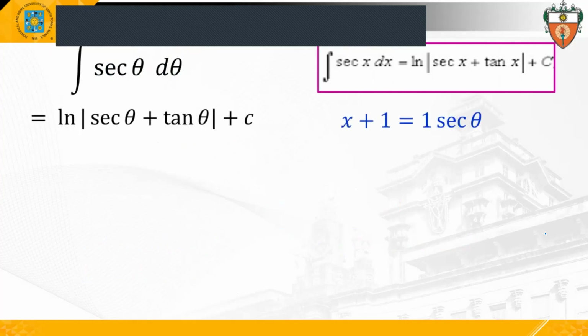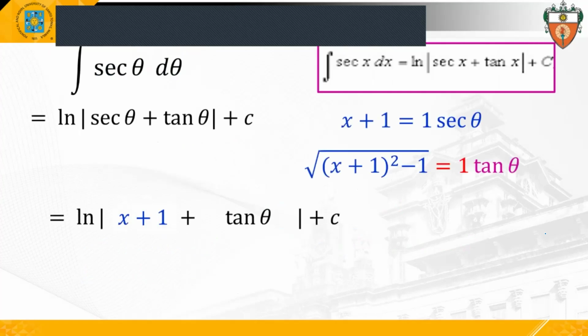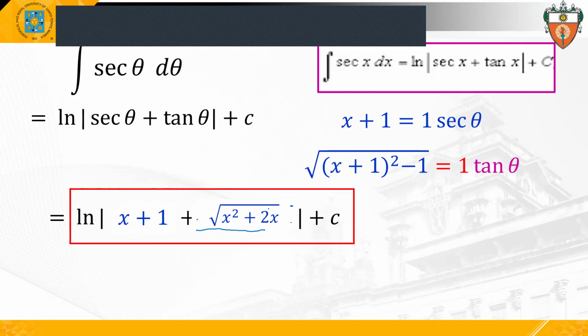Ayun yung ginamit natin. That's why we have this for our final answer. Yan, pwede natin palitan to as, di ba, if we expand this, that's x squared plus 2x plus 1. The 1 minus 1 will just cancel. So it's just square root of x squared plus 2x, the original radical given. Okay? So ayun, that's our final answer for example 5.